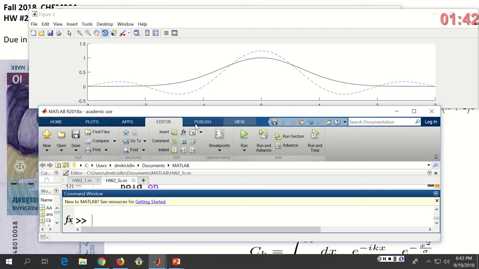So we have factors in front of second power and first power. This we can call A, and this we can call B. Now our integral is reformulated: A equals 1 over sigma naught, B equals ik. And then what we need is the integral dx of e to the power minus A x squared plus Bx.